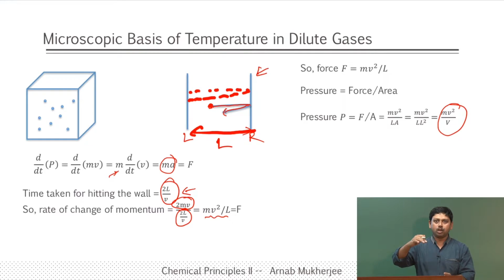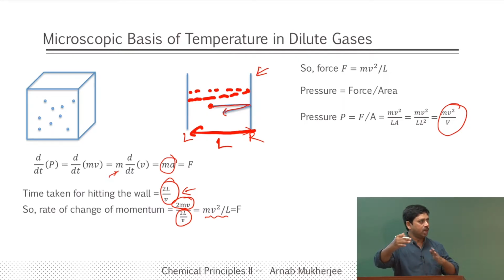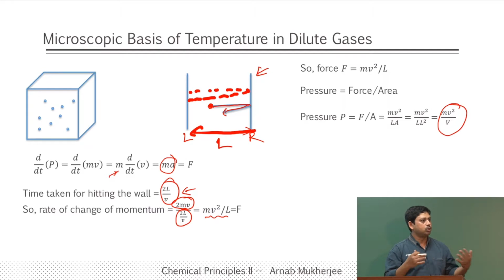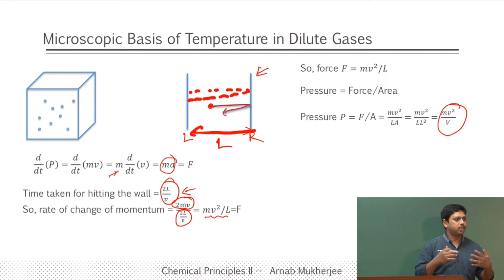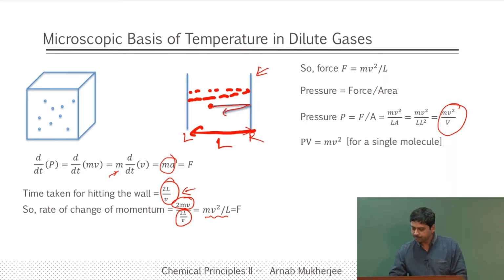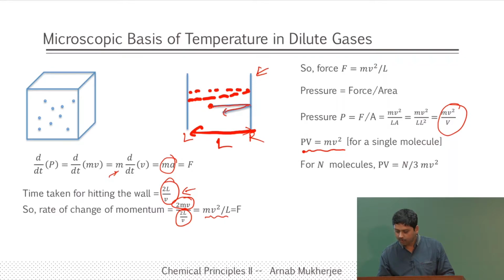Given n number of molecules, 1/3 of the molecules will go along the x direction, 1/3 along the y direction, and 1/3 along the z direction. The reason is that since the particle motion is random, there is no preferred direction. Therefore, multiplying by V, for n molecules PV equals n by 3 mv square.